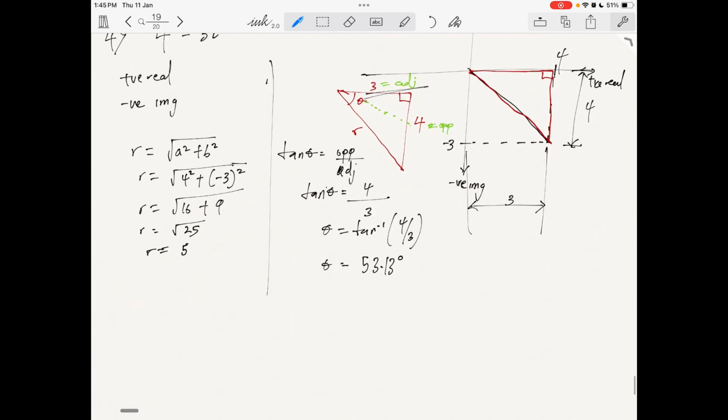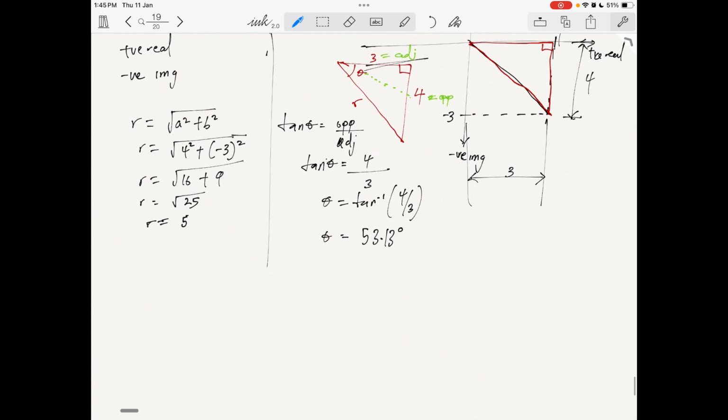Now, with that done, we go back to our Argand diagram. We know that this is Z, the complex number itself, and this is our angle theta. The argument of Z is measured from the positive x-axis, so it comes from here to here.